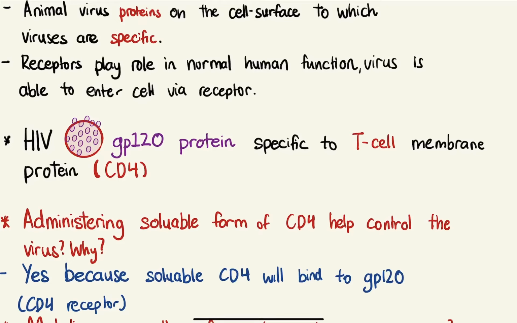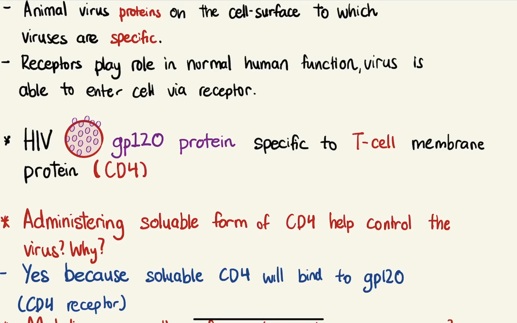But if you have HIV, but it's not cured, you will have the virus in your body, and there will be several outbreaks at times, but you'll be consuming these pharmaceutical drugs. In this example, if you're consuming a soluble form of CD4, it will be binding to the virus.